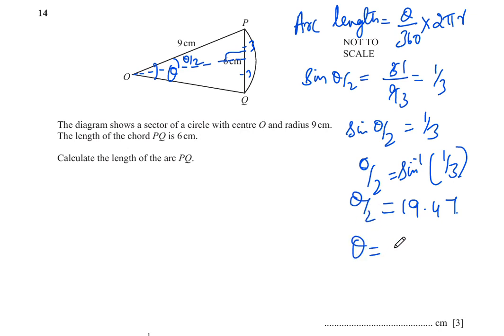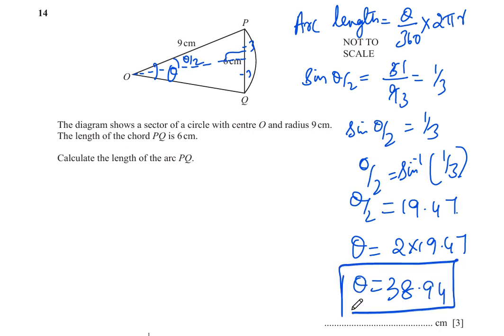So then theta is equal to 2 into 19.47, which is 38.94. This is theta. So now we have theta.